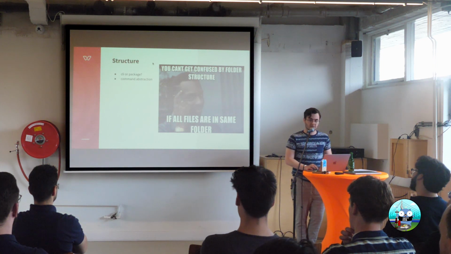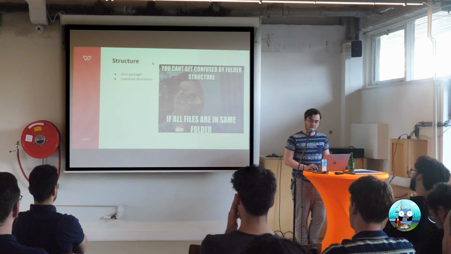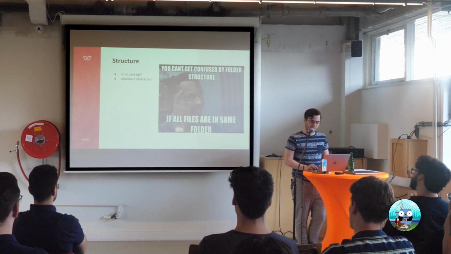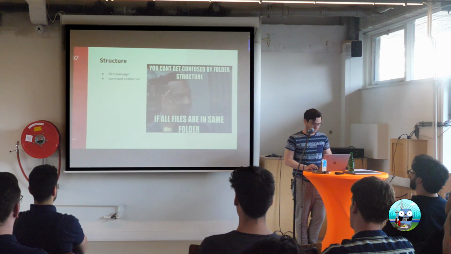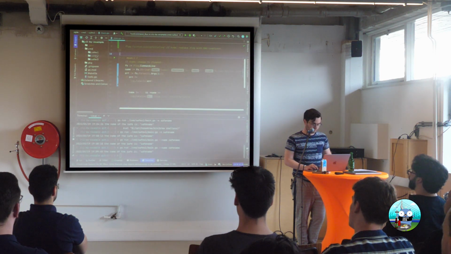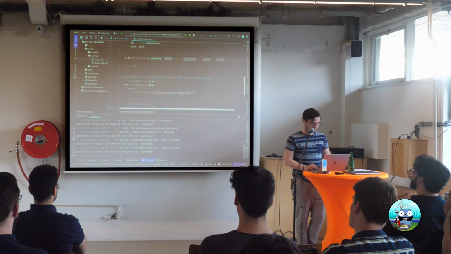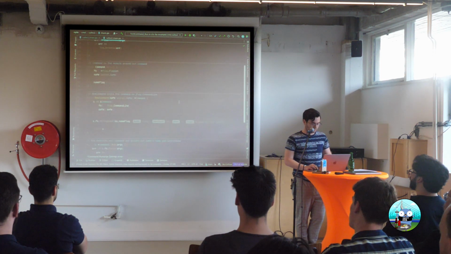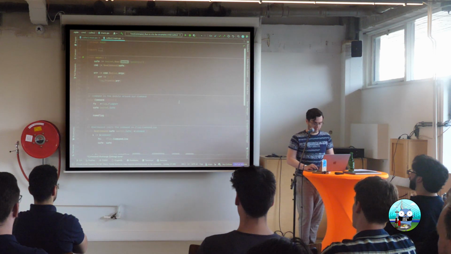Then there's command abstraction. So what I mean by that is that if we have more than one command, we might want to abstract that to a package or a different file. I've tried to find a way that's nice for this. So this is my second example with an abstracted command.